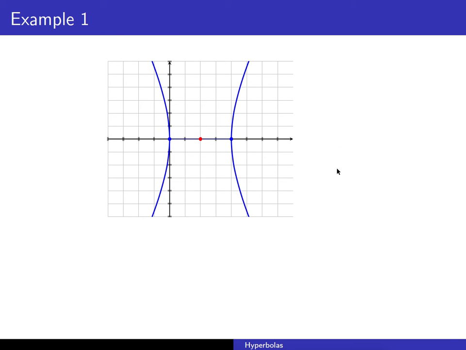All right, now for the equations of our asymptotes. Because it is opening left and right, our value of a was 2, and our value of b, the square root of 25, is 5.